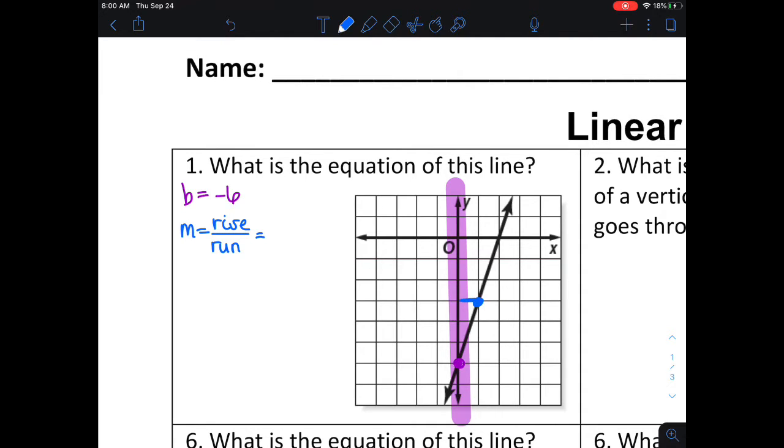I'm going to draw a triangle connecting these two, staying on the lines, and then I'm going to count, starting from the leftmost point. 1, 2, 3. So I had to go up 3, so that's positive 3. Then I have to go to the right 1, and so that's positive 1, since I had to go to the right. So that will be a rise of 3 and a run of 1, which just equals 3.